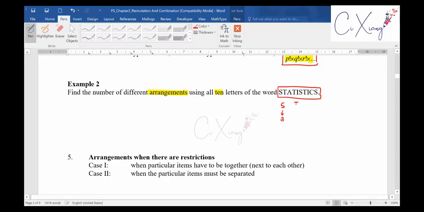How many T do you have? You have 3 T. How many I do you have? You have 2 I. The rest are not repeated anymore.